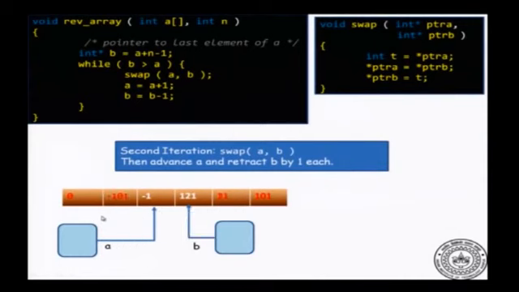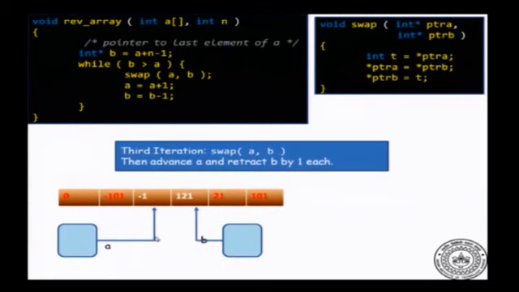Okay, so 21 and minus 101 becomes minus 101 and 21. Okay, so they are swapped, and you advance A by 1 and you take back B by 1. Again B is greater than A, so you go to the third iteration. In the third iteration, this is the state at the beginning of the iteration, and you swap these contents.